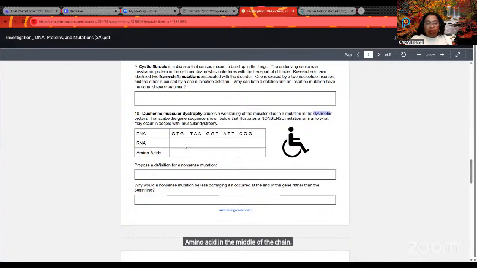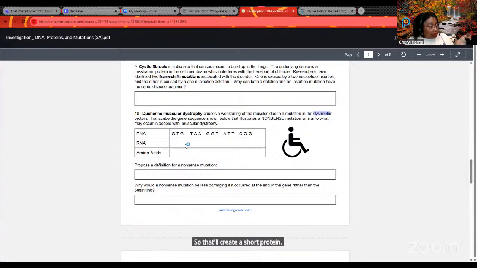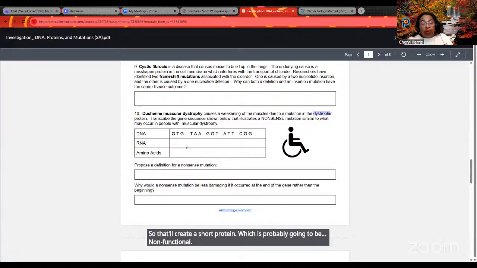So it's still coding, but if it tells you to stop in the middle of it, then it's not going to really make the rest of them. The chain is going to break there and it'll start a new chain. So that'll create a short protein, which is probably going to be non-functional. Okay.